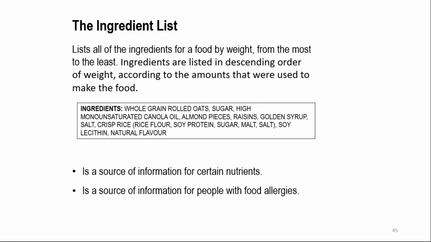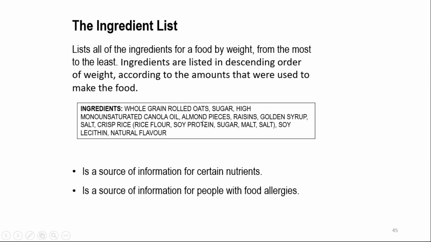The ingredient list is something very important that one must read, because it tells you what ingredients go into the making of that food. And it is very important for those who have food allergies and food intolerances, so that they can find out whether to consume that food. Now, this food contains soya protein, so all those who have an allergy to soya protein should not consume this food.